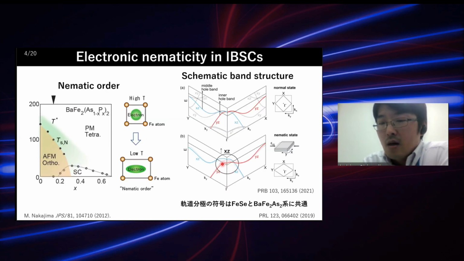At the gamma point, XZ has higher energy, and at the zone corner, YZ has higher energy. And the sign of this orbital polarization is common to iron selenide and barium 122 systems.